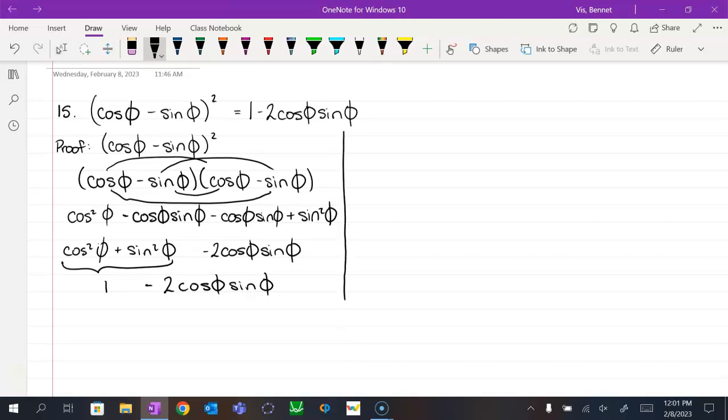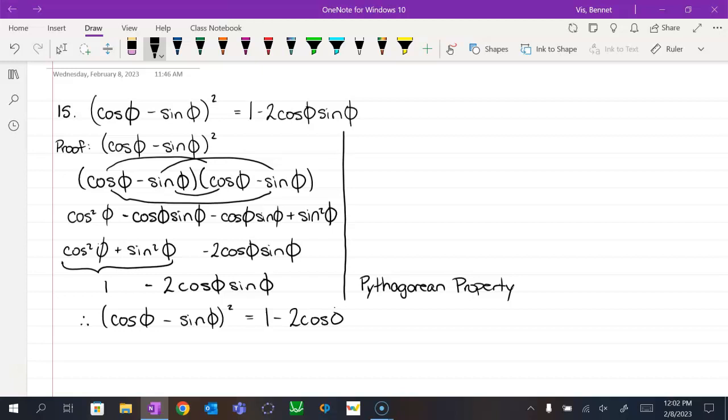Really the only property I used in this whole proof was that Pythagorean property that I write after I take the step to do that, and then I say, therefore, cosine of phi minus the sine of phi all squared is equal to 1 minus 2 times the cosine of phi times the sine of phi, and that's what I wanted to show, QED.